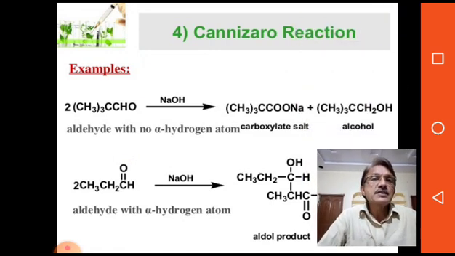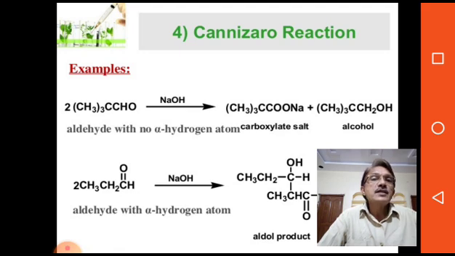Some more examples for Cannizzaro reactions are seen. Here in this example, 2 (CH3)3CCHO gives rise to (CH3)3CCOONa plus (CH3)3CCH2OH.